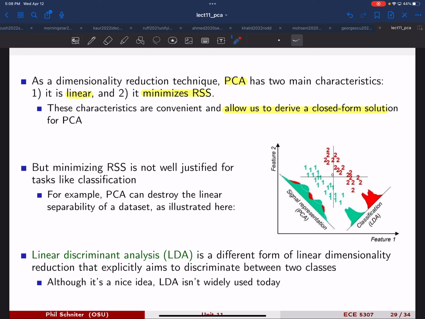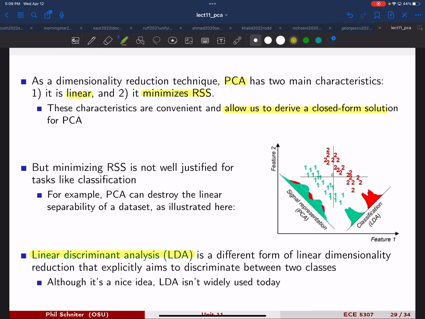So it really depends. If you're wondering what's the right thing to do, if we really want to reduce dimensionality so that it works well with classification, there is a classical technique called linear discriminant analysis, which is just a different way to do dimensionality reduction that knows about the labels, and knowing about the labels, it figures out the right way to compress the data.